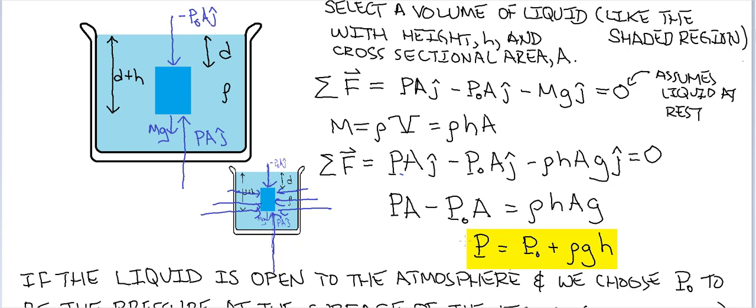That's just because, as is noted in this equation, the pressure scales linearly with depth, right? And so as you go deeper and deeper and deeper, the pressure goes up and up and up. Hopefully that's okay. Questions about that, please let me know.